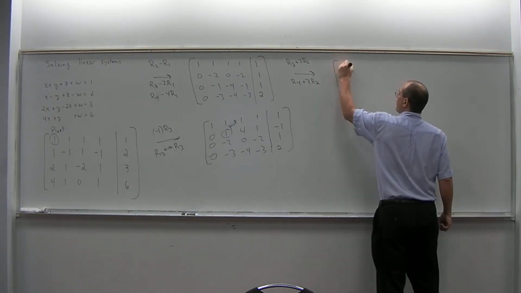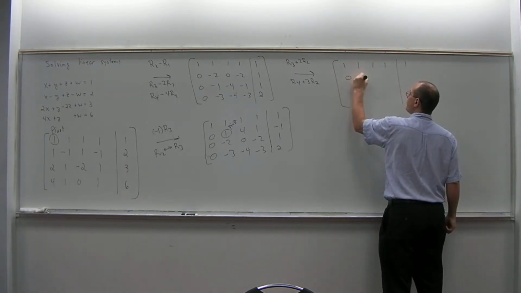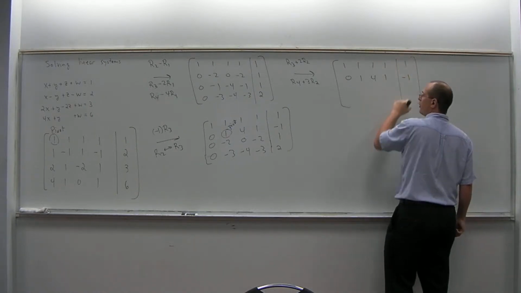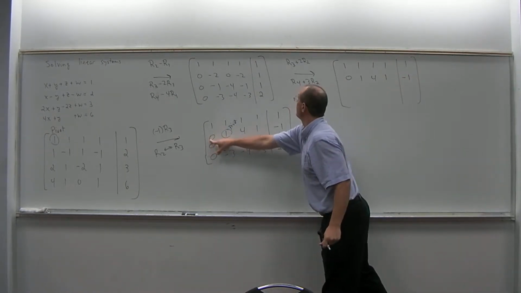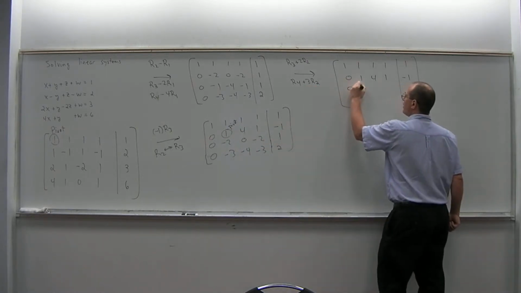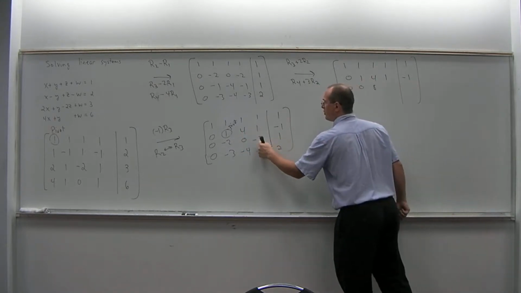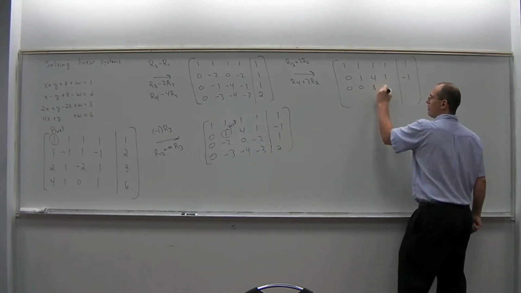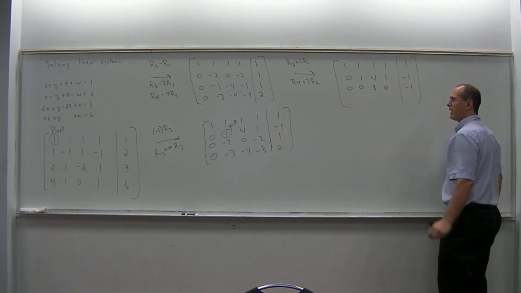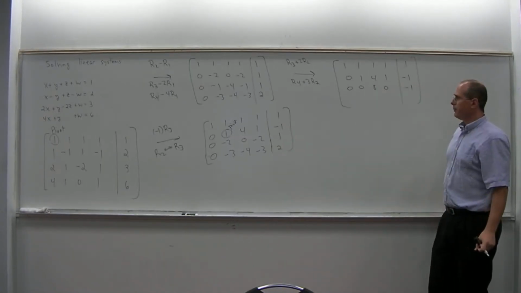And we get, the first row will stay the same, the second row will stay the same. Third row: 0 plus 2 zeros is 0, -2 plus 2 ones is 0, 0 plus 2 fours is 8, -2 plus 2 ones is 0, and 1 plus 2 negative ones is -1. That's 1 plus -2, that's -1.